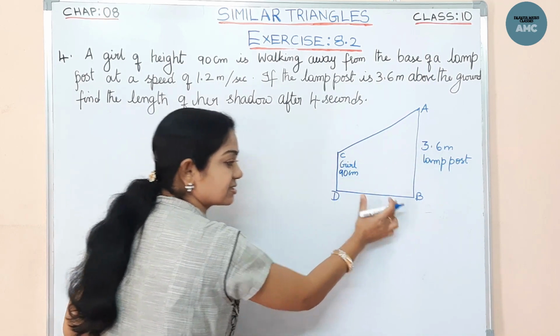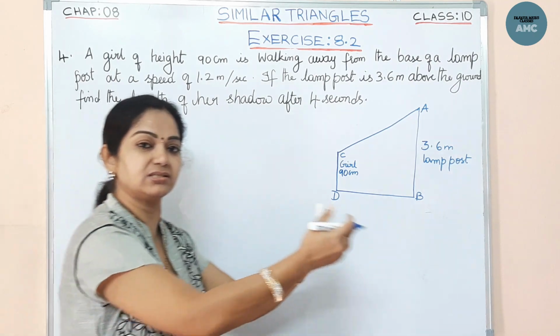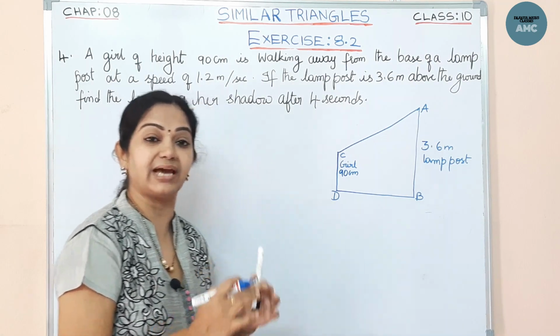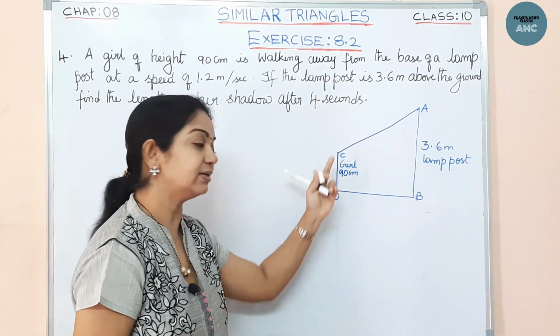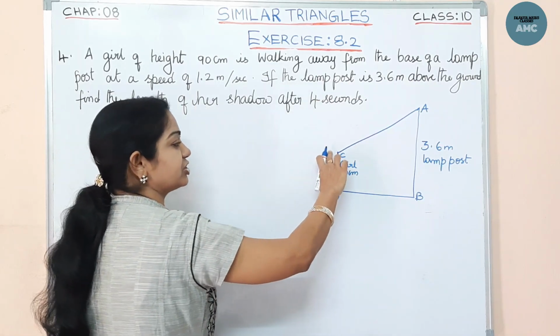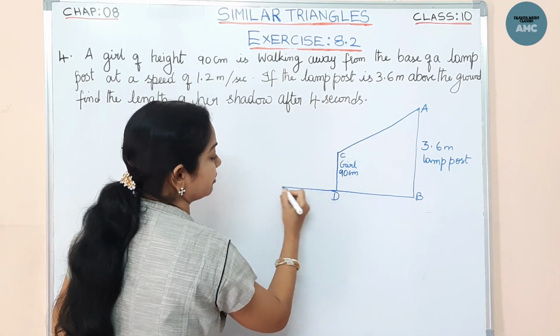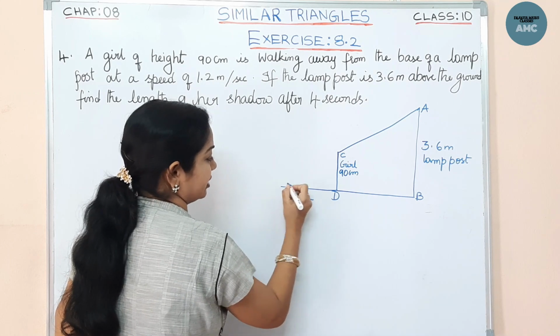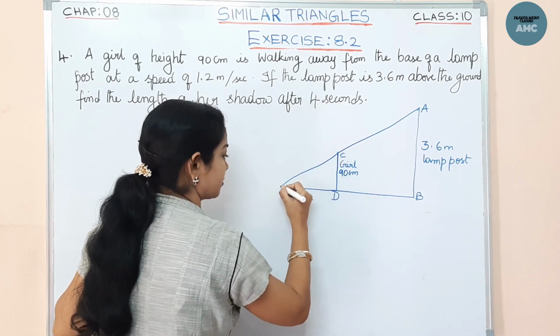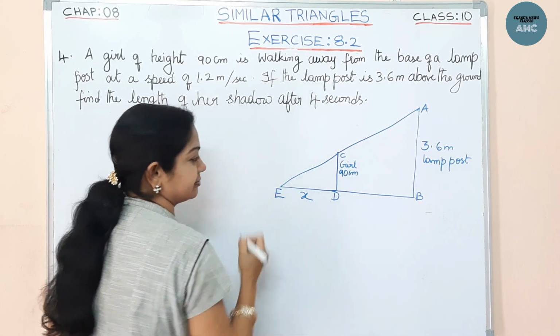We have to calculate this distance. We don't know how much distance she traveled, but we know the time. After 4 seconds she stopped here, and we have to calculate her shadow. The shadow will be here. Let me take this as X. Now let me name this as E.